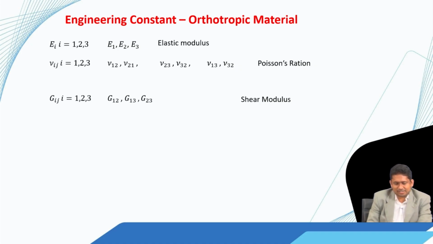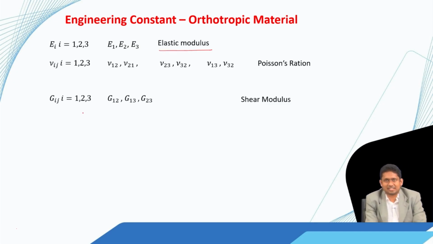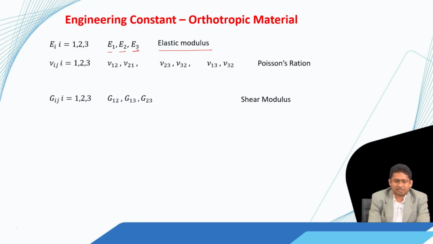Now these elastic constants are quite familiar to us by names, but when it comes to orthotropic materials they are more in number. So the first set of elastic constants are elastic moduli. In an isotropic material we have just E as elastic modulus, it does not matter what direction it is, but here we have E1, E2 and E3, 3 independent elastic moduli in 3 directions.